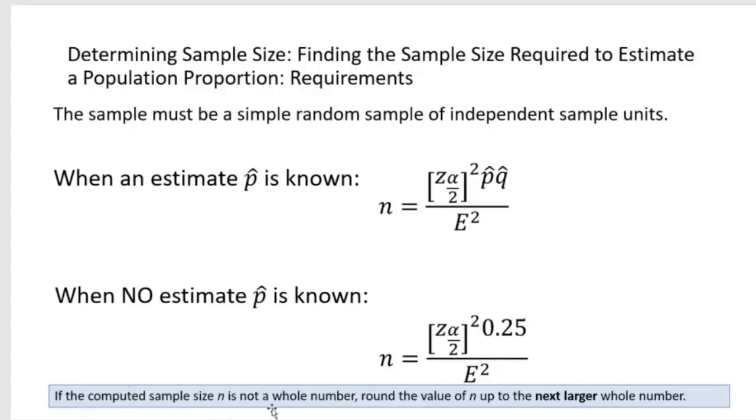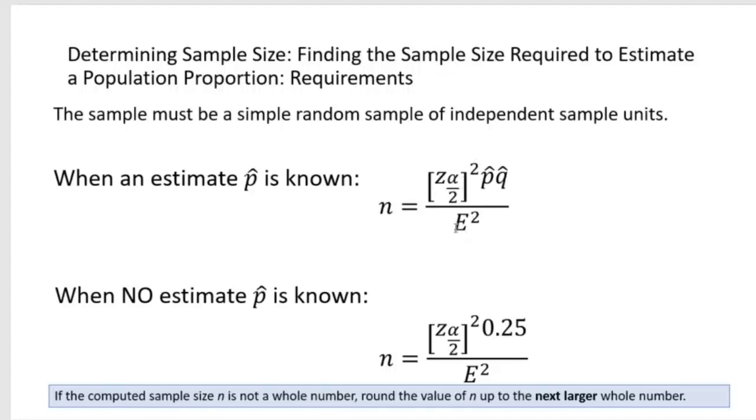Now, whenever we use these formulas, if you don't get a whole number, you have to round up, not round really. Let's just say go up. If it's not a whole number, go up, because you have to make sure you have a sufficient size, not just close. You might need a little bit extra. So these formulas have our Z critical number here, alpha over 2. So you'll take that critical number like the 1.96 and you square it.